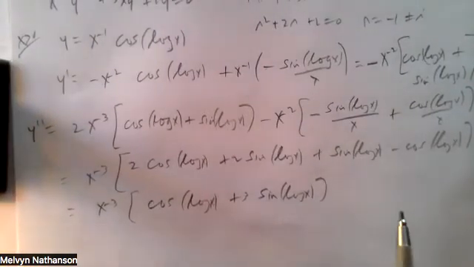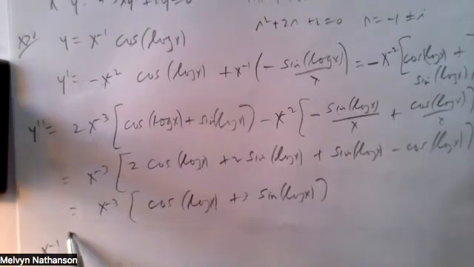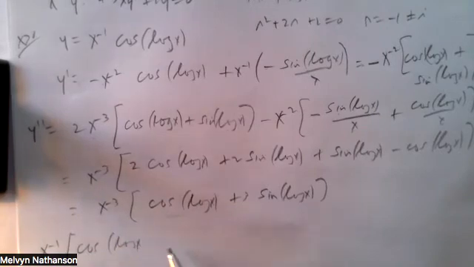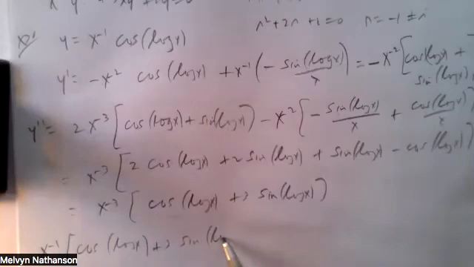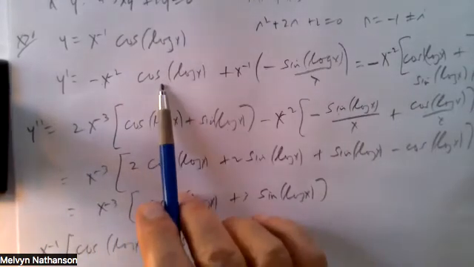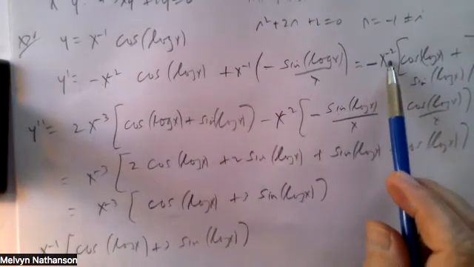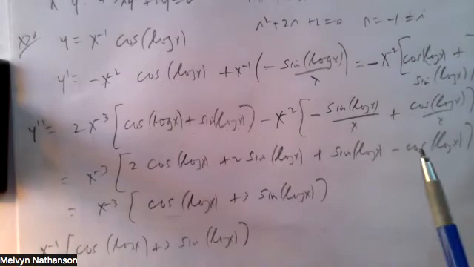So now let's plug these expressions into our equation. x squared y double prime: I multiply this by x squared, I get x to the minus 1 times this. Three x times y prime, so 3x times x to the minus 2 is 3x to the minus 1.